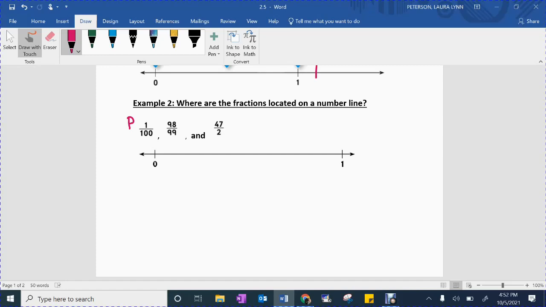So 1/100 is pretty close to 0 because 0 is small. So let's draw a tick mark near the 0 and let's label it 1/100.